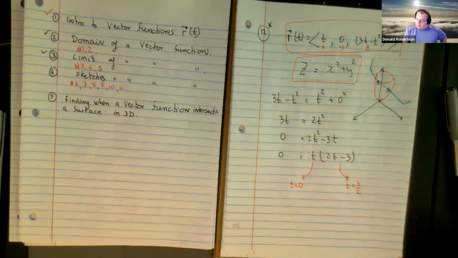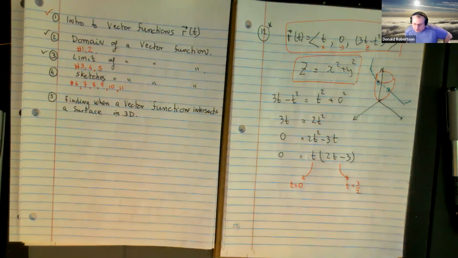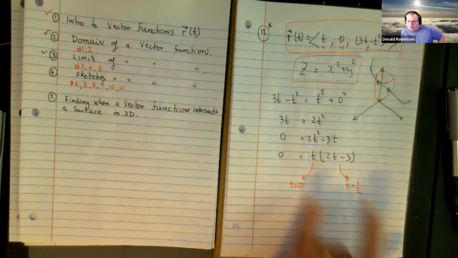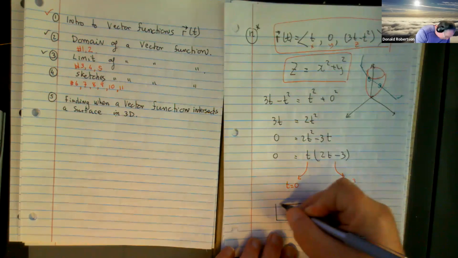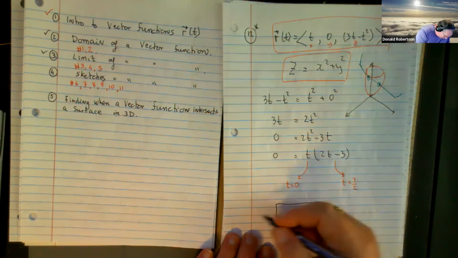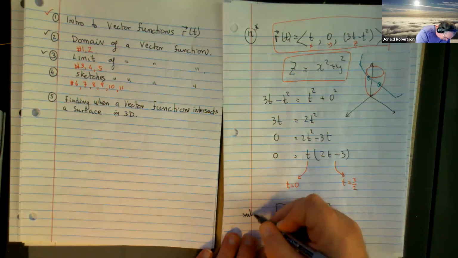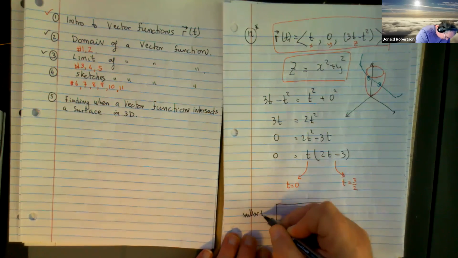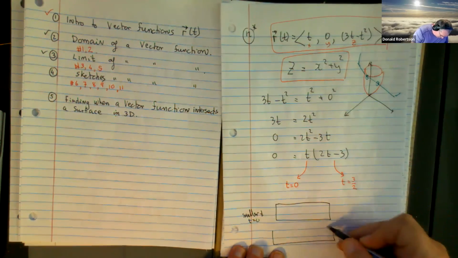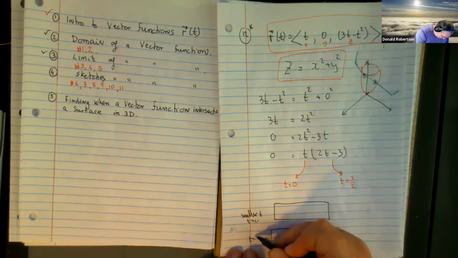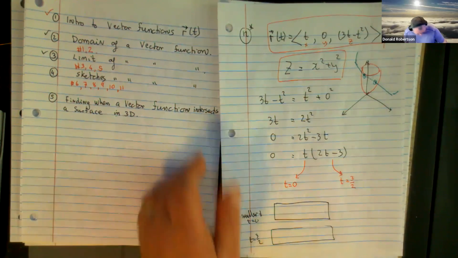So far, so good. Right, I need to turn these into coordinates. And one goes in the first box, and that's the one that uses, they call it the smaller t. So I'm assuming that means t equals 0. And then the other one is that guy.